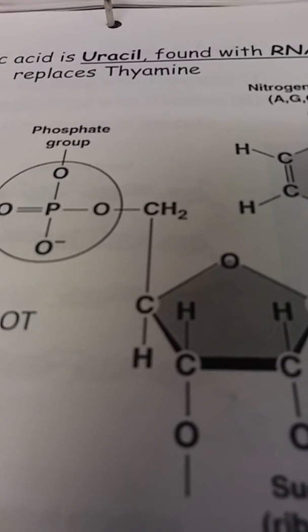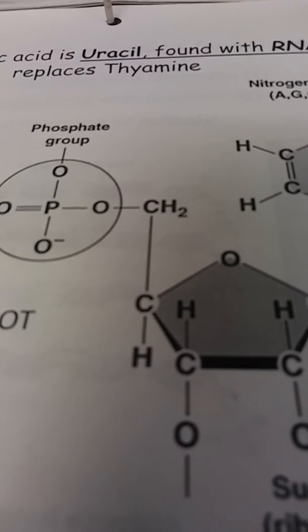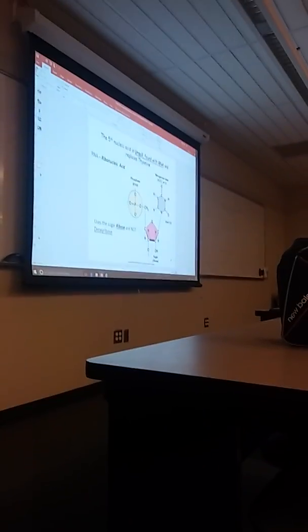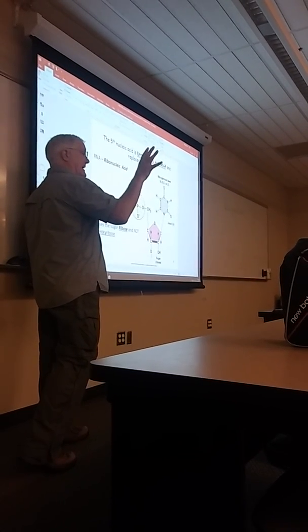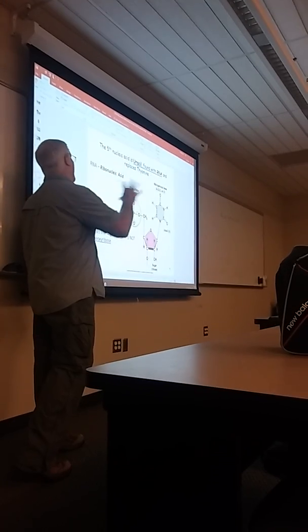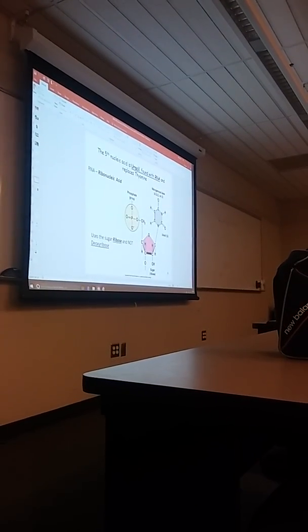So is uracil where thymine's at? Yep, exact same place. So that means there's really a total of 5 different nitrogenous bases: A's, C's, T's, G's, and U's. But now they're specific. DNA doesn't use the U's, and RNA doesn't use the T's.